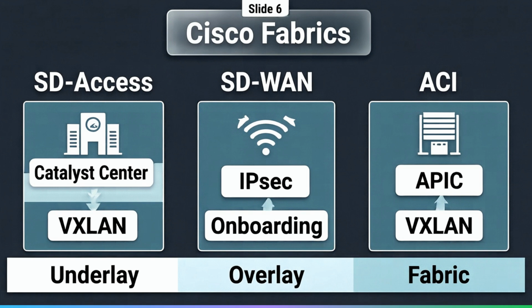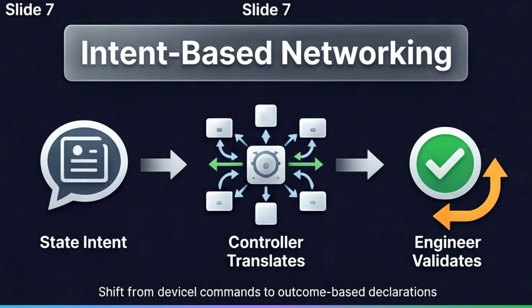Now, return to the business problem. Instead of writing QoS commands on individual switches, an engineer can state an intent. Video conferencing must receive priority over less time-sensitive traffic. Intent-based networking lets the controller translate that outcome into the required policies and configurations, deploy them consistently, and help verify the intended state.